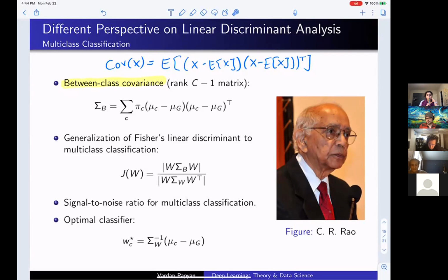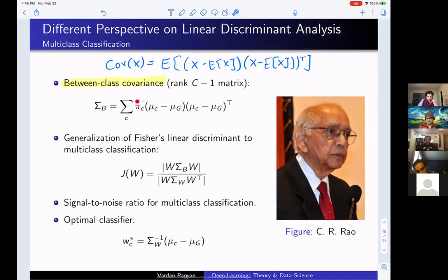And I remind you that we also have the, could you explain how the pi's relate to the typical expectation integral? So the pi c here are the probabilities of each class. So when you're doing expectation, as Karen says, you have an integral of probabilities times quantities, right?